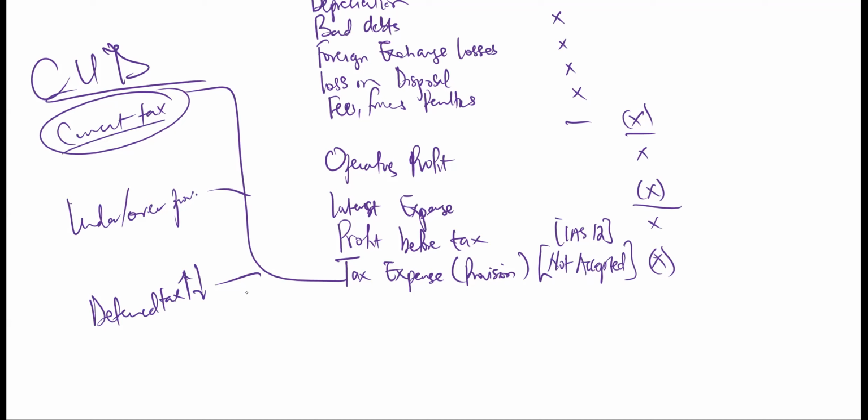Sometimes it could be closer, because when you file your returns in the next 4 months after the year end, it could be the same thing as your provision. And then you come and get your profit after tax, right?